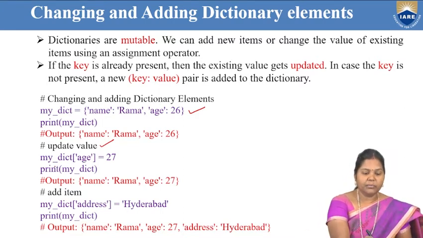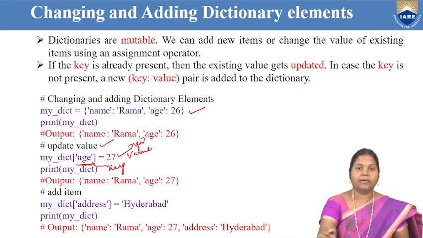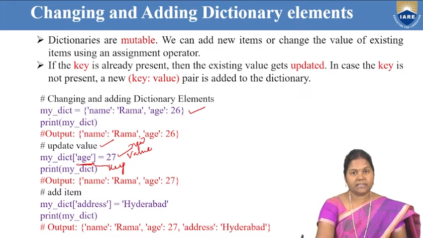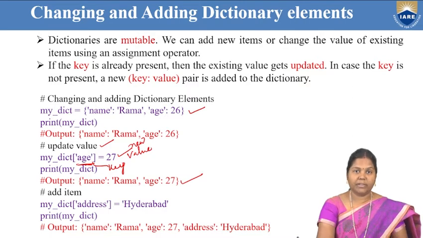Here, the dictionary name is my_dict, and for the age key, I give the new value 27. So the existing value 26 gets updated to 27. If you print the dictionary, you will see the age is now 27.